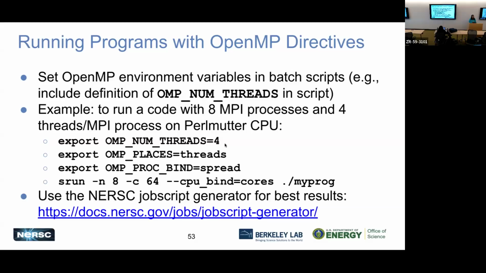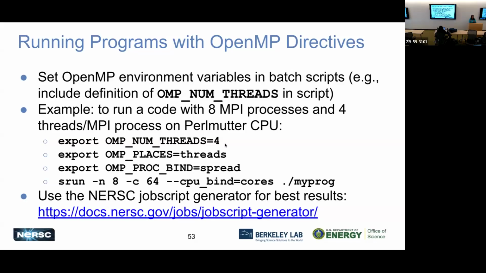But on each node, you still have so many cores that you can use MPI as well, but many times you want to use OpenMP on those nodes. So that makes you use MPI and OpenMP hybrid.